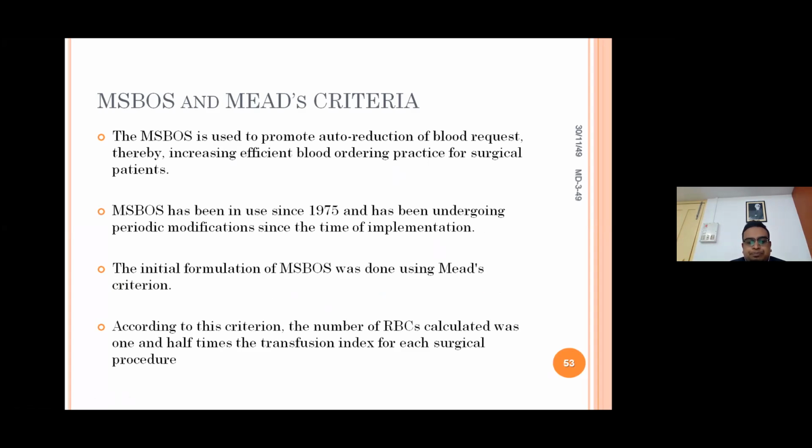According to this criterion, the number of RBCs calculated was 1.5 times the transfusion index of each surgical procedure. I had already discussed what the transfusion index is. So 1.5 multiplied by the transfusion index is the number of RBCs that would be required for that particular surgery.